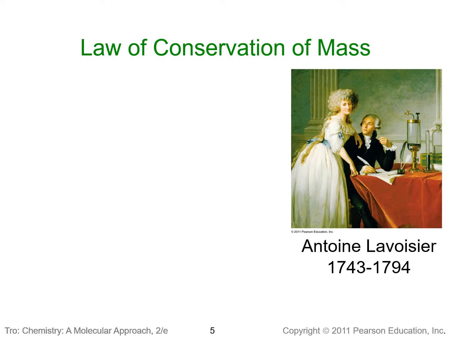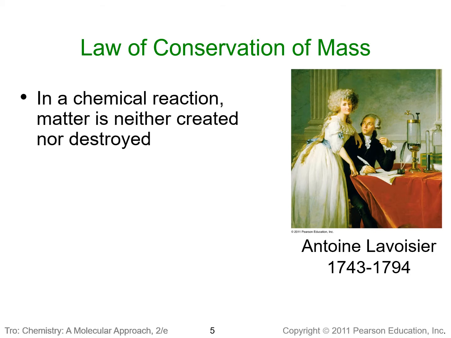In the past, scientists could not use a scanning tunneling microscope. They had to use other ways to determine the presence of atoms. In the 1700s, Antoine Lavoisier determined that there was a law of conservation of mass. This says that in a chemical reaction, matter is not created or destroyed.